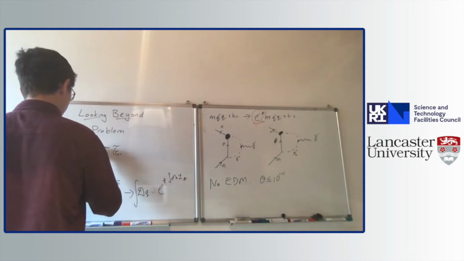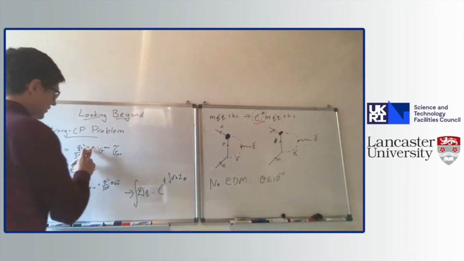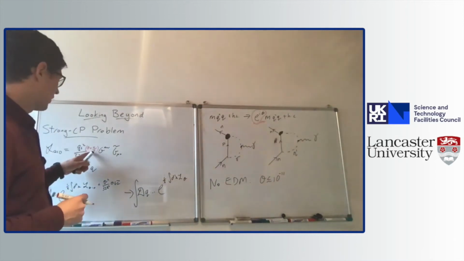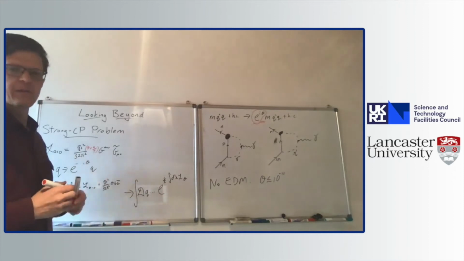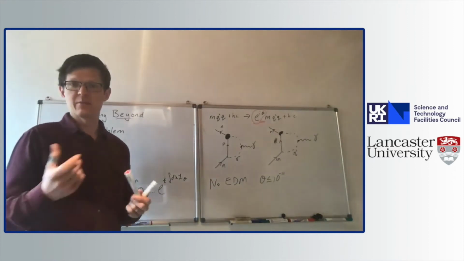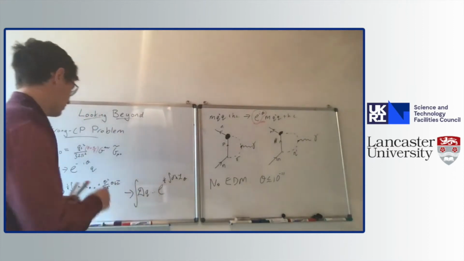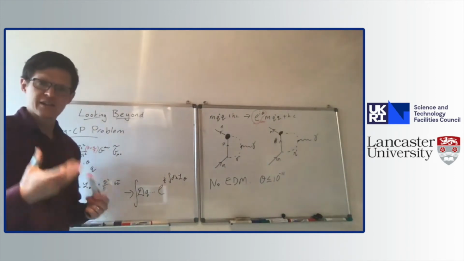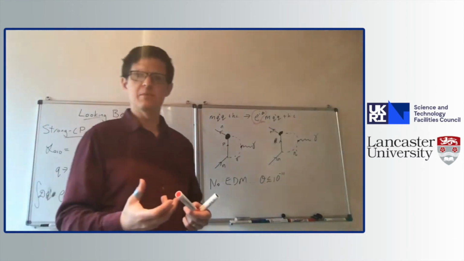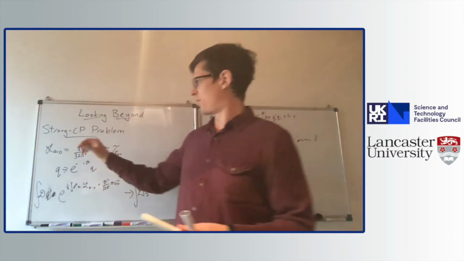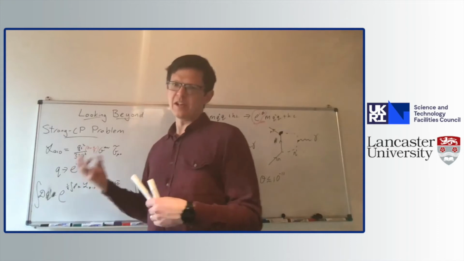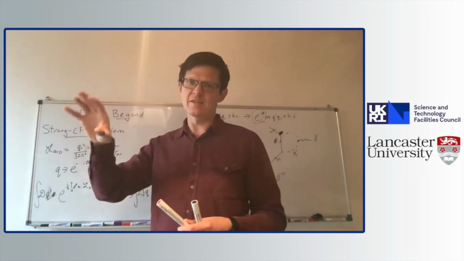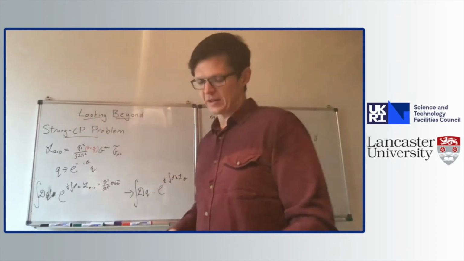Theta also gets a contribution from some dynamical scalar field, I'll call it little a here, divided by f, where f is some dimensionful parameter that has the same units as the field. So this whole thing is dimensionless. And this a is really a scalar field. It depends on the background space-time. So theta was just some parameter, just some number, but a is a field. It's really a of the space-time coordinates.